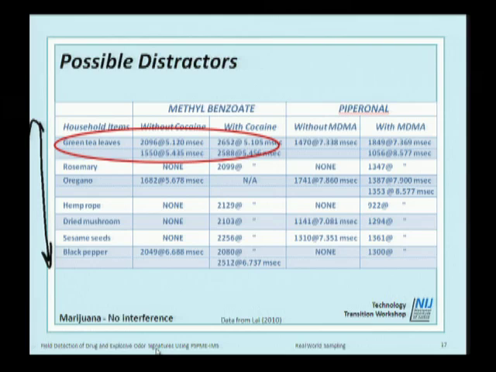But unfortunately for cocaine, under the instrumental conditions that she optimized, we did see an interference with a peak originating from the green tea leaves, and it was masking the peak that was detected for cocaine. So in this case, it could present a problem. Now, there are ways to get around this.